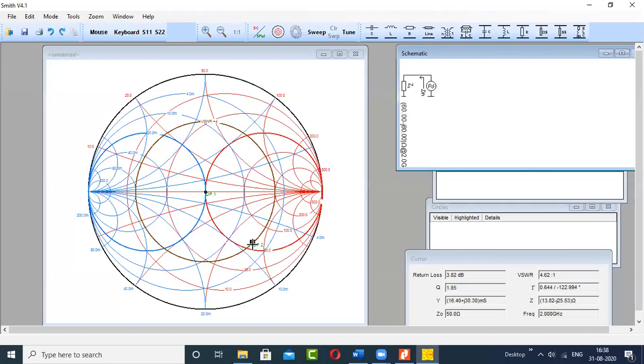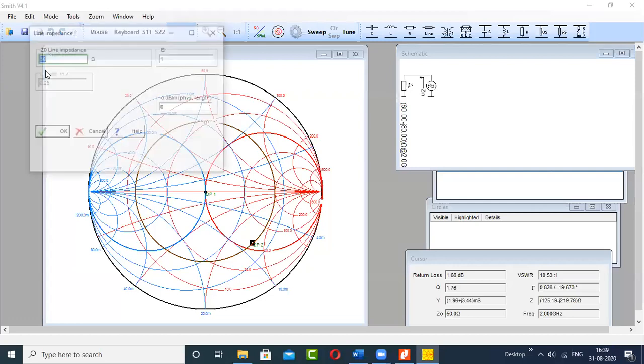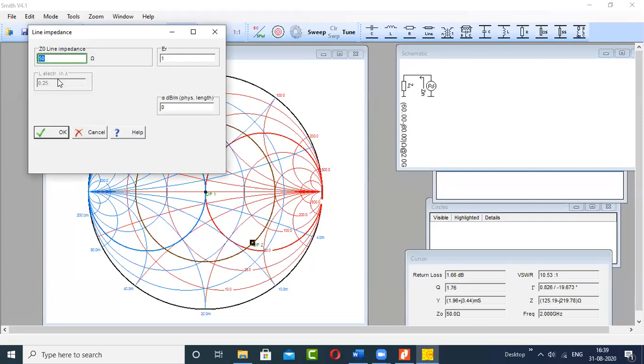Anyway, first we will add the transmission line. For that, click on this line. Now you have to set the reference impedance. The reference impedance of the transmission line is here, so I will not change the value. Epsilon R, if it is specified in the example or numerical, feed that value; otherwise it will be as is. Now you can see the cursor is confined to a circle.